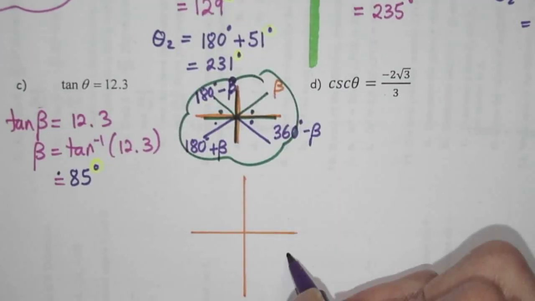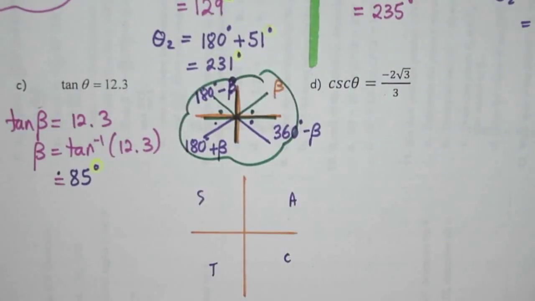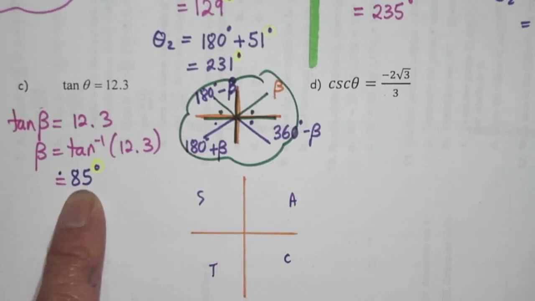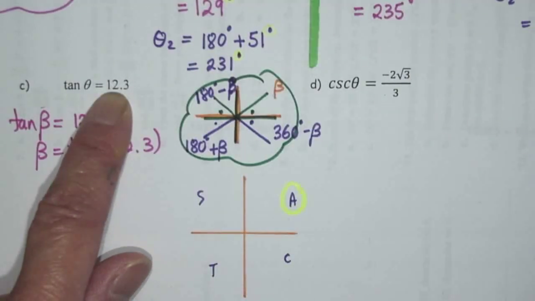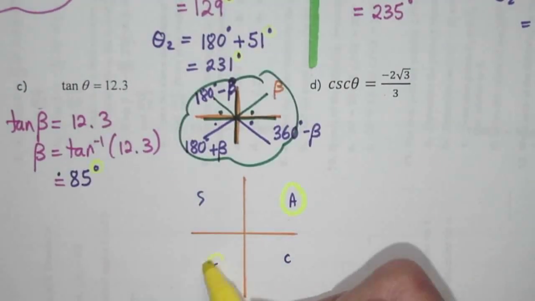So wait, sorry, C, A, S, T. Which 2 quadrants do I want to be in? Tan is positive in this quadrant, so it would be A for all positive, and the T, yeah, that's it. So we got the pattern.